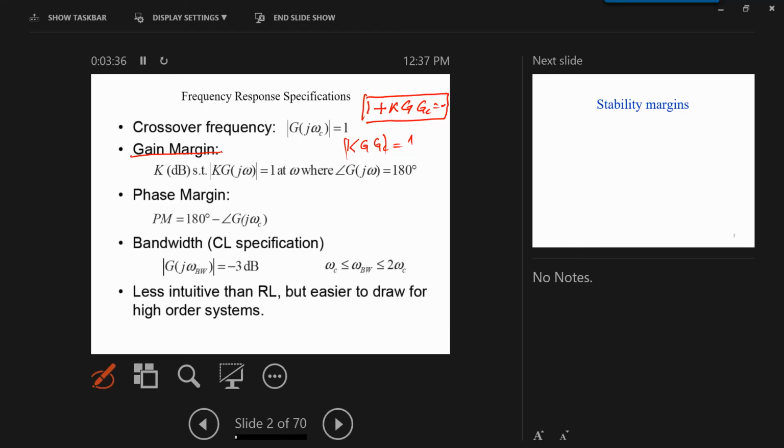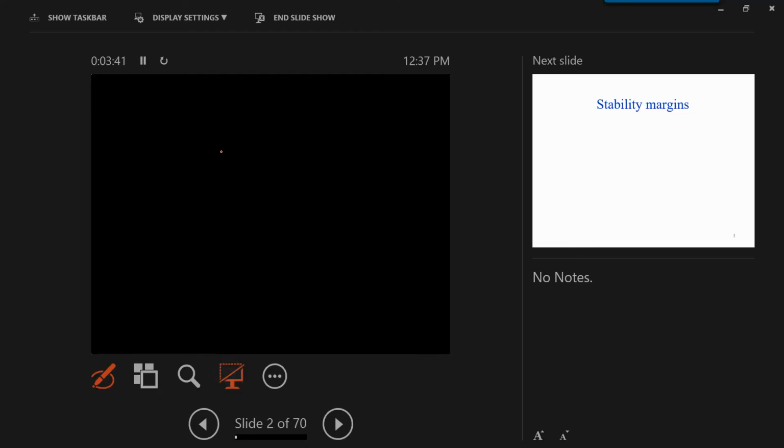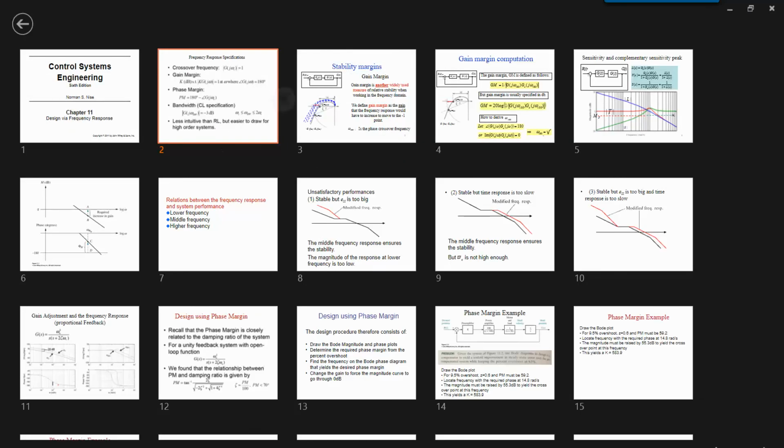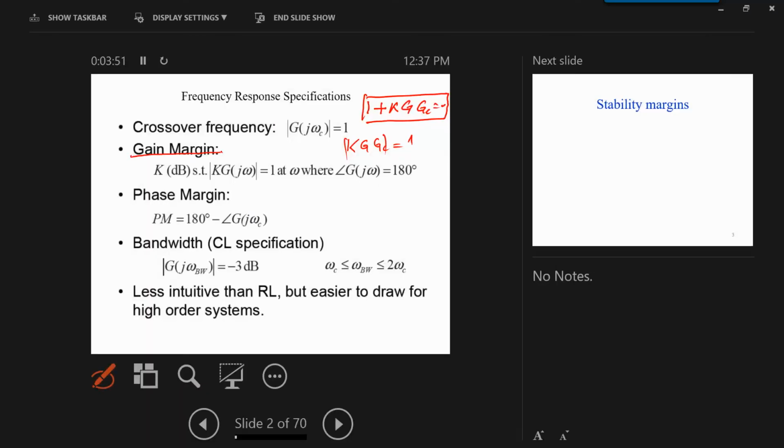I want to use, probably I should insert empty slides here. Okay, let me do that.